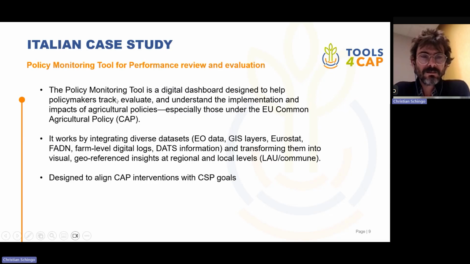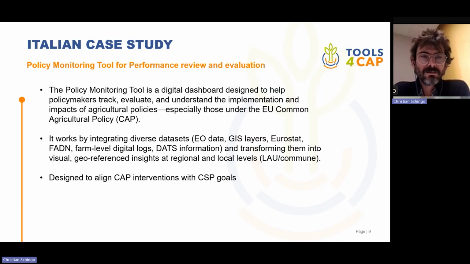Okay, then we went through the Italian case studies. In our case, we tried to understand the importance of this new tool, called policy monitoring tool, that is basically a digital dashboard that helps the policy makers to track, evaluate, and understand the implementation and the impact of agricultural policies.